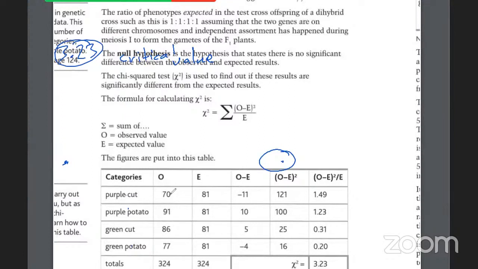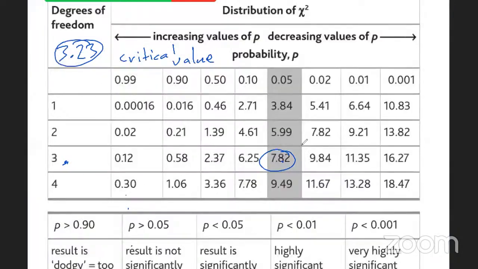Your null hypothesis says that any difference that you see is due to chance. So once it is due to chance, it is not significant. When you do your calculation, you come to this table, which tells you if the difference that you got is significant or not.